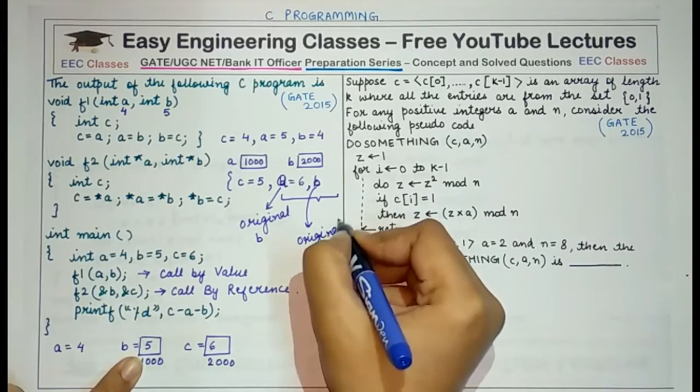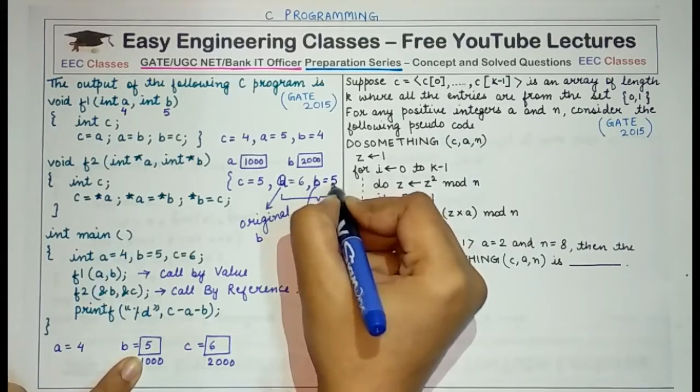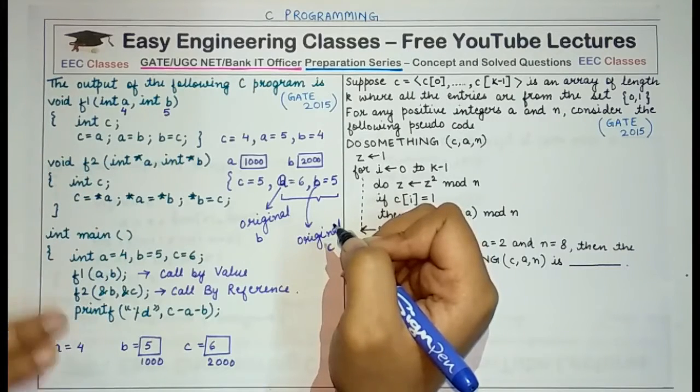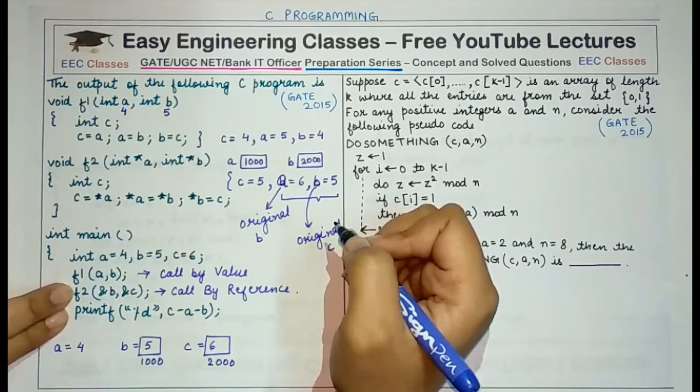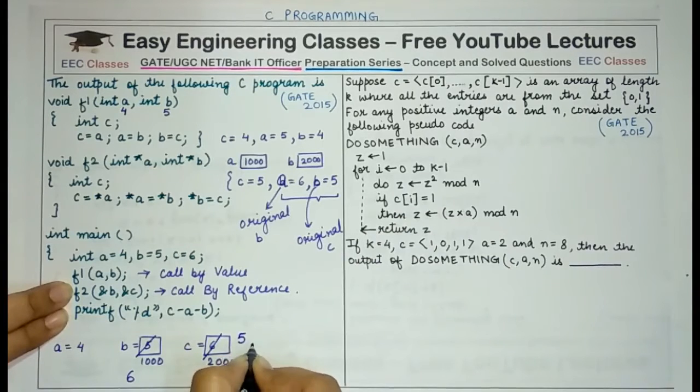So don't get confused here. When this function is completed and control returns to main, the value of original b is changed to 6 and the value of original c is changed to 5.